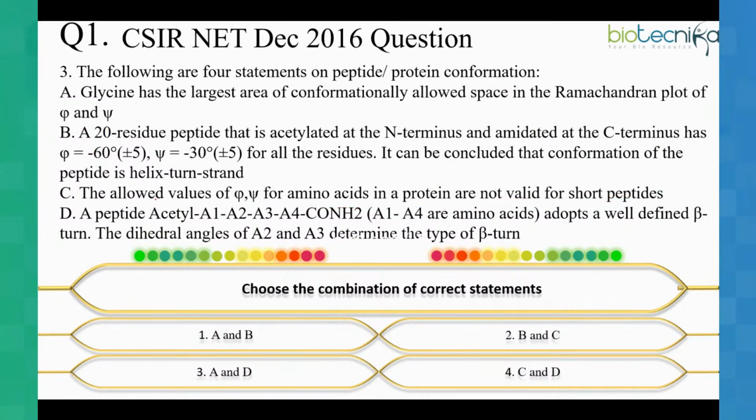And wherever you see a peptide drawn like this, you just see what is in between the acetyl and amido group. You ignore these things. So A1 to A4 are amino acids. They adopt a well-defined beta turn, and the dihedral angles of A2 and A3 will determine what type of beta turn they are going to form.